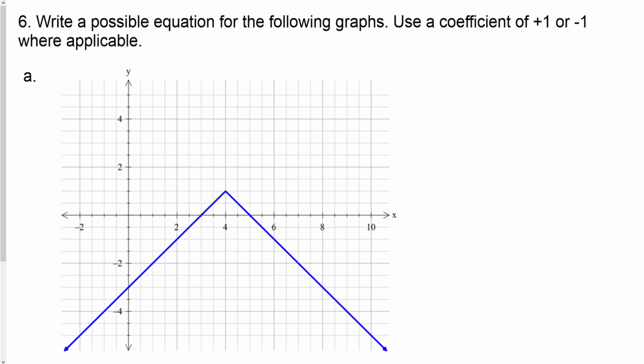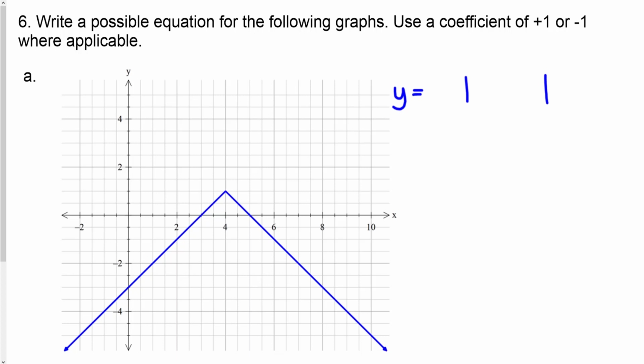So for instance here, in order to come up with a function that represents this graph, we have to first identify its shape. So because it has this V shape to it, that means we're working with absolute value. So my function is going to involve absolute value in some way.